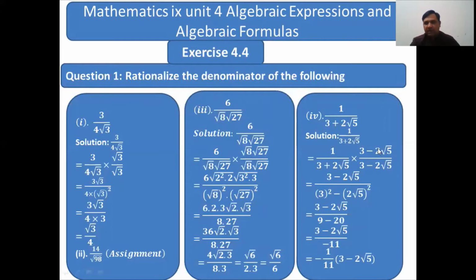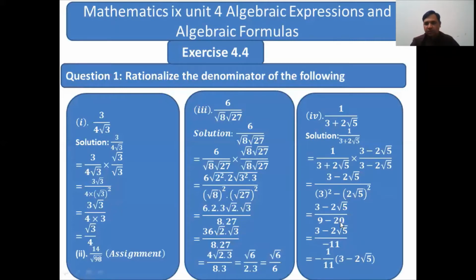When we multiply, in the numerator we have 3 minus 2 square root of 5, and in the denominator we have 3 plus 2 square root of 5 times 3 minus 2 square root of 5. So we can utilize the formula a square minus b square. We can write this as 3 square minus 2 square root of 5 whole square. 3 square is 9, and 2 square is 4, and the square of square root of 5 is 5.